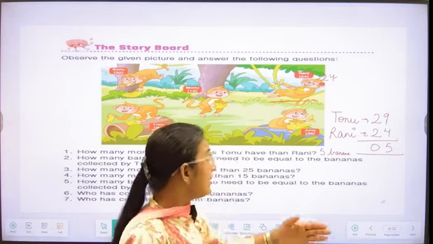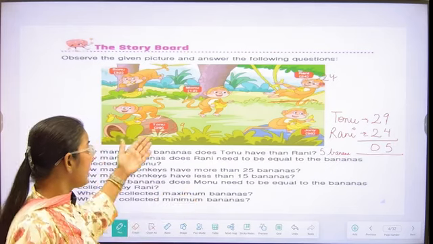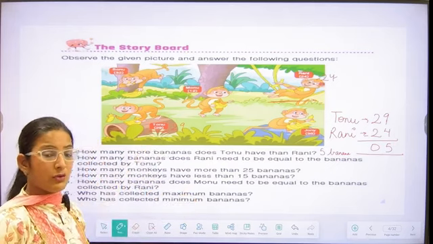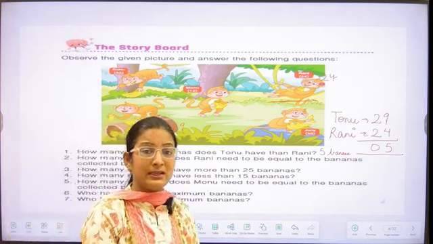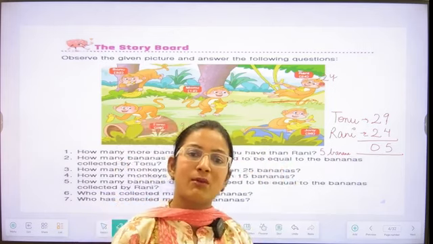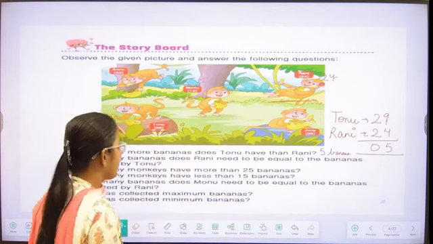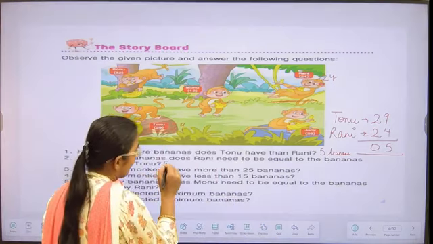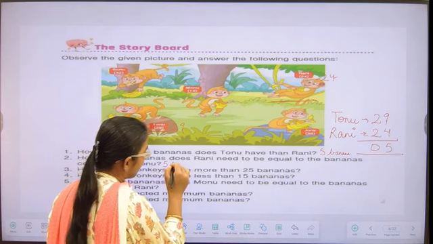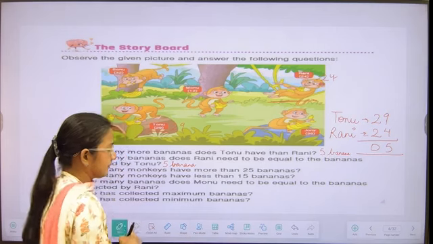Rani has 24 bananas and Tonu has 29 bananas. So if Rani collects 5 more bananas, then Rani's bananas are also equal to Tonu's bananas. So what do we have to write over here? We have to write 5 more bananas. So we have to write 5 bananas.